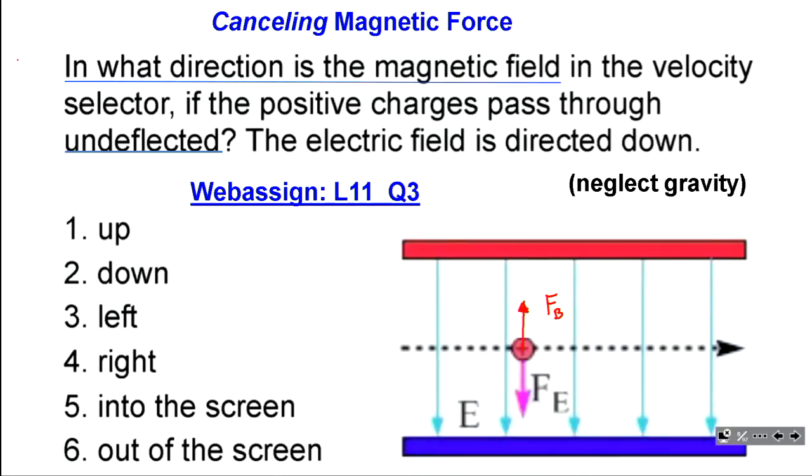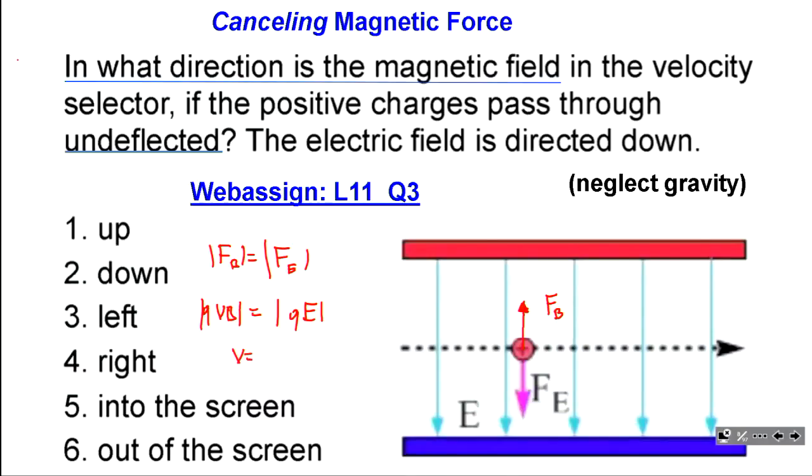By the way, we can write that magnetic force and electric force have exactly the same magnitudes, right? And by the way, the expression for magnetic force, everything is perpendicular to everything, QVB. The expression for electric force is QE. Turns out we can cancel out the charge.